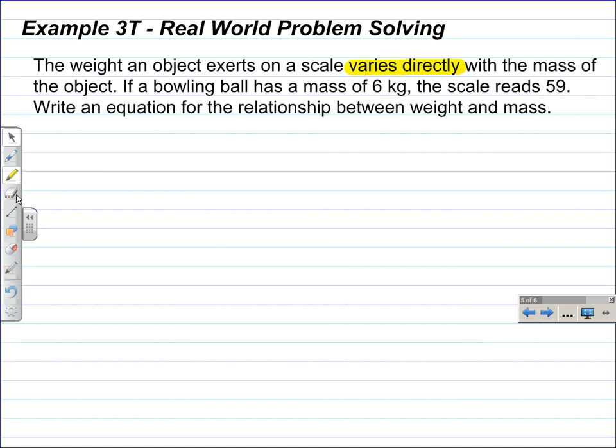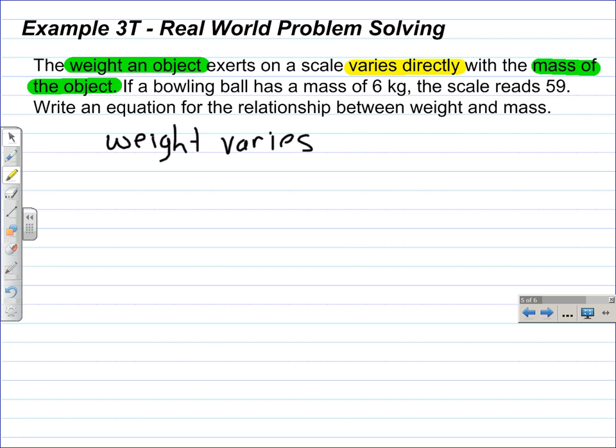Now, what varies directly? The weight of an object varies directly with the mass of the object. So we could break that down: weight varies, not vary, but varies, directly with mass.